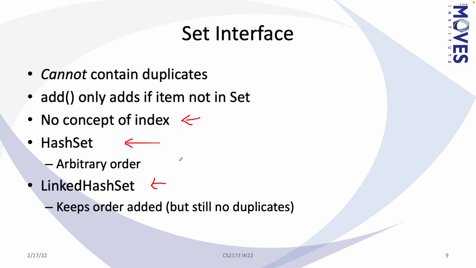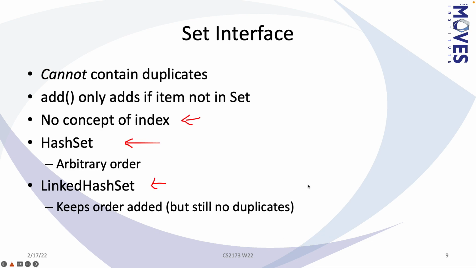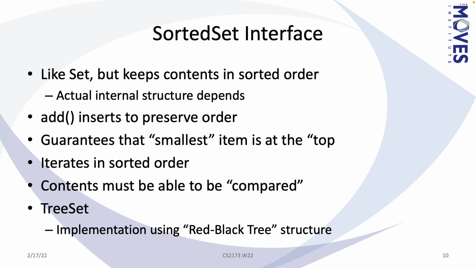That's what ensures that the HashSet does it in a very efficient manner, and that's what helps it tell one object from another. All right, now I don't want to do the sorted set just yet. Okay, so that's the hash.